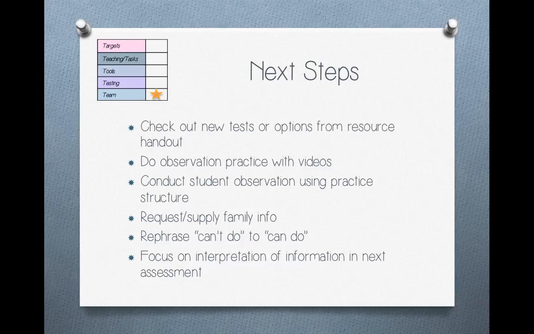You could do some practice observations using videos, which is what we're going to do next. You could do actual student observations using the same structure that we're going to use in the video. You could either request information from the family, or if you're a family, you could supply information about these communicative functions and what you see in this child.